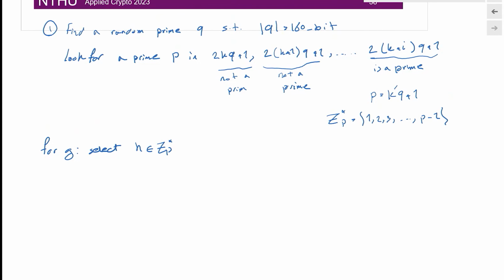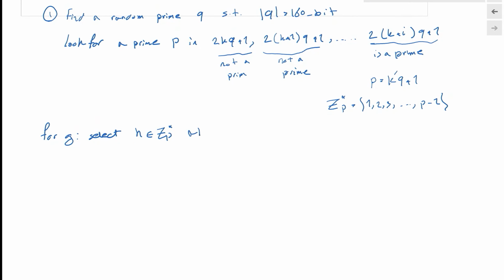We do this at random until H satisfies this equation: H to the power P minus 1 divided by Q should not equal 1. Okay, so this is our test.